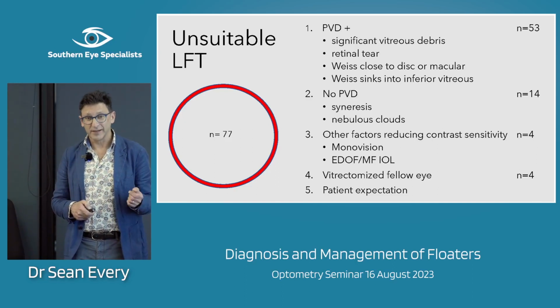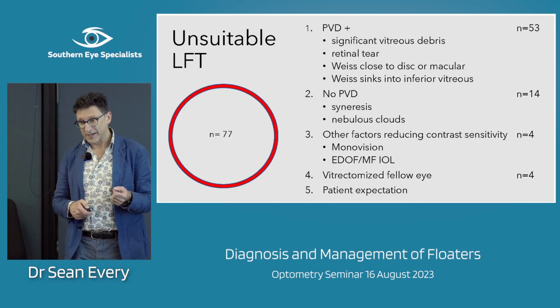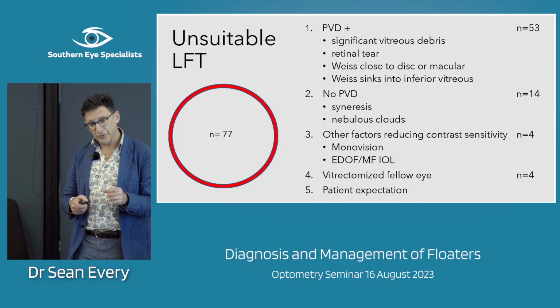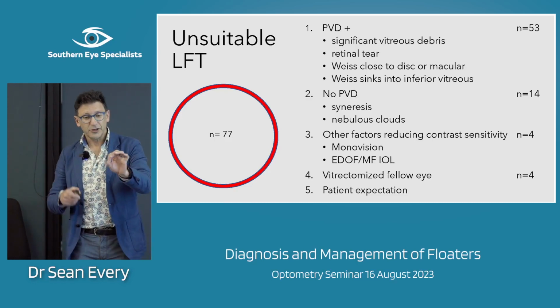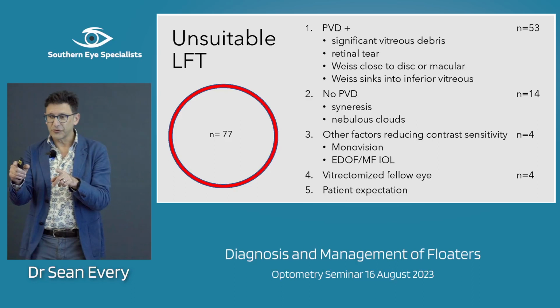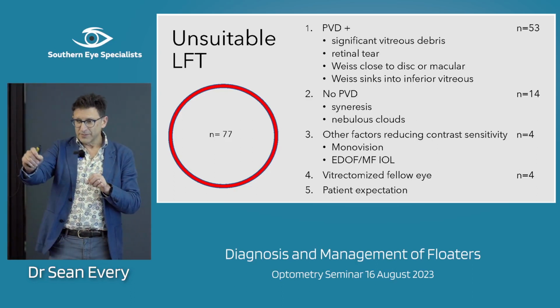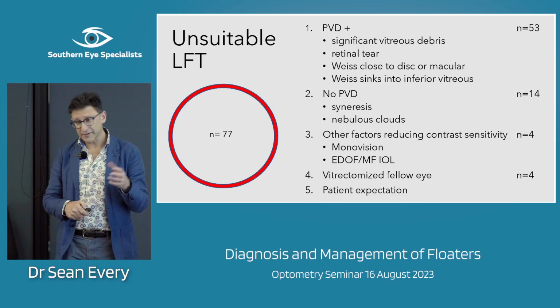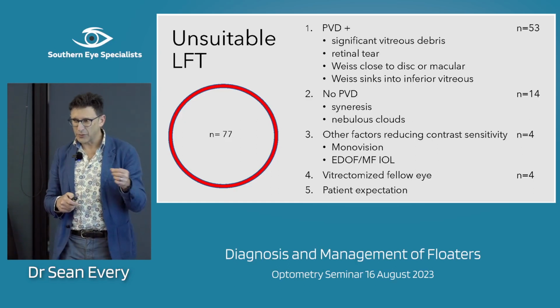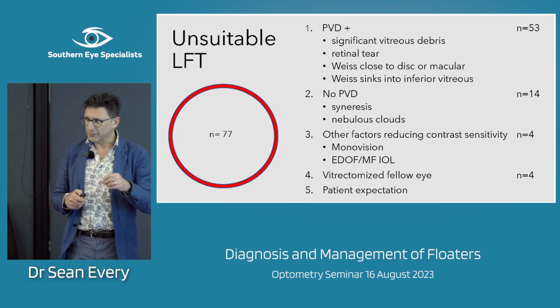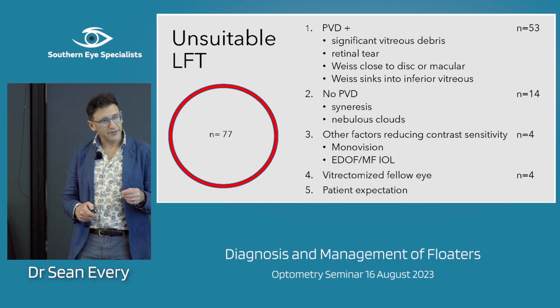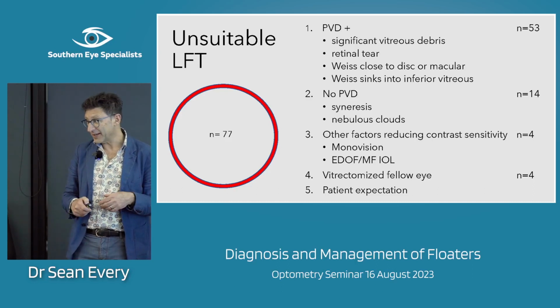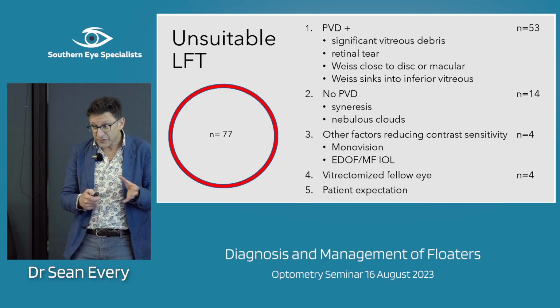And you can't laser nebulous clouds because the beautiful thing about a vice ring is, you know where it starts and you know where it stops, and it doesn't have tentacles that go out into the periphery. With a nebulous cloud, where does it start? Where does it stop? You start following it out, and then you start getting into the danger zone because you're suddenly not in the mid-vitreous anymore.